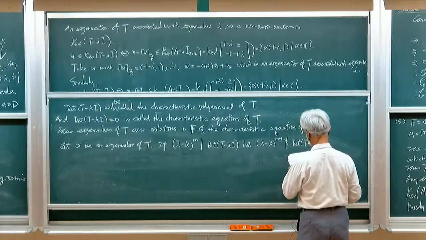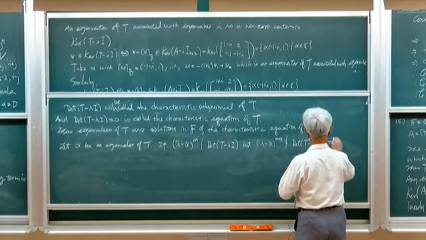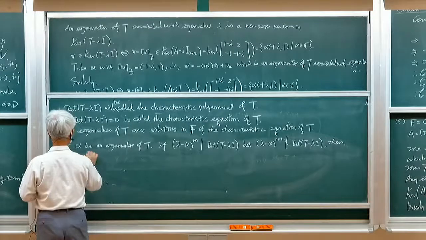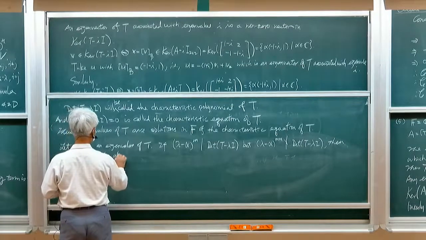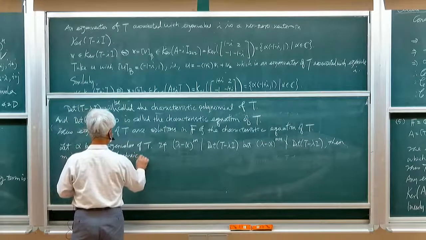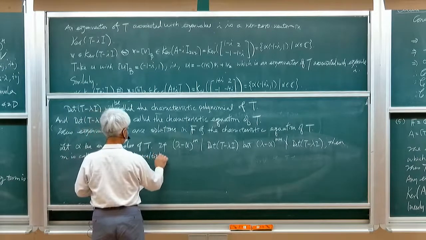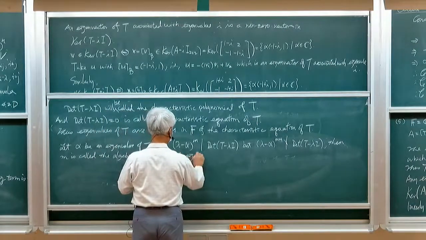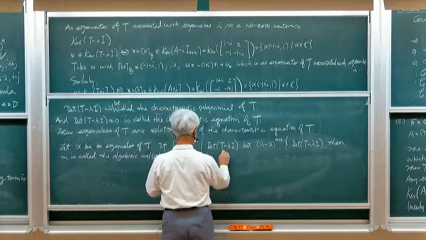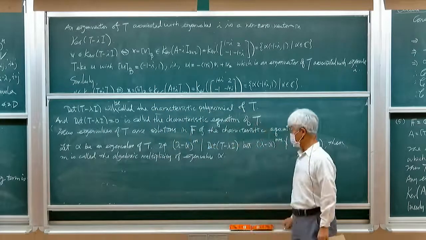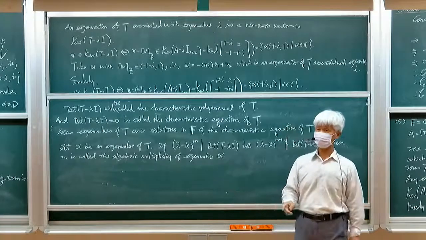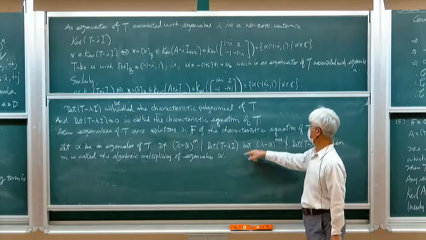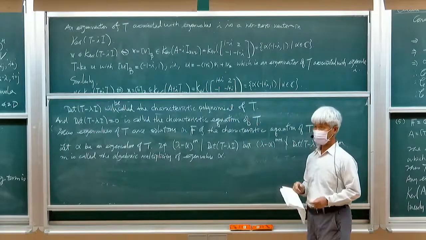Then m is called the algebraic multiplicity of the eigenvalue alpha. So the algebraic multiplicity of an eigenvalue must be greater than or equal to 1, at least 1, because it is a solution of the characteristic equation.